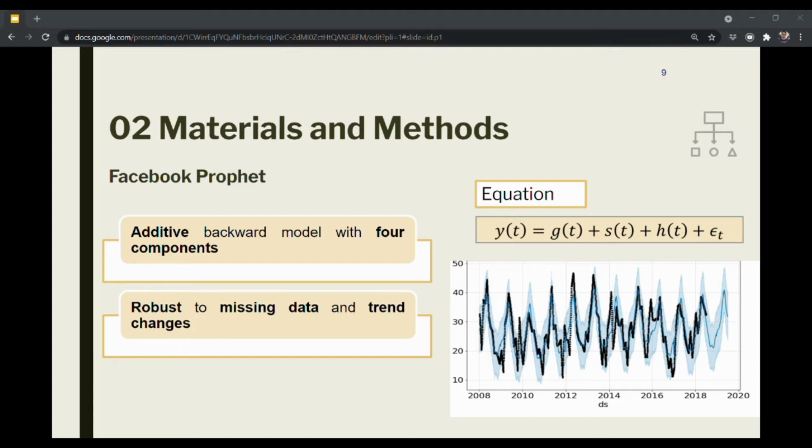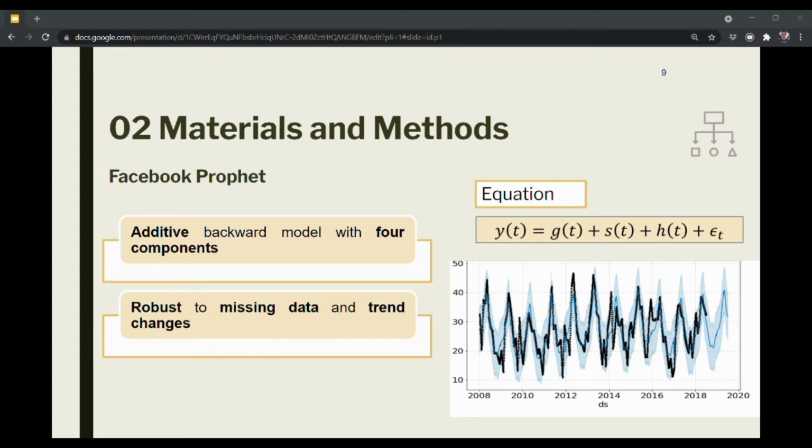This approach was released by Facebook's Core Data Science team, and it's an approach robust to missing data and trend shift, and it can handle outliers well. Prophet is an additive regression model with four components: trend, yearly seasonality, weekly seasonality, and important days.